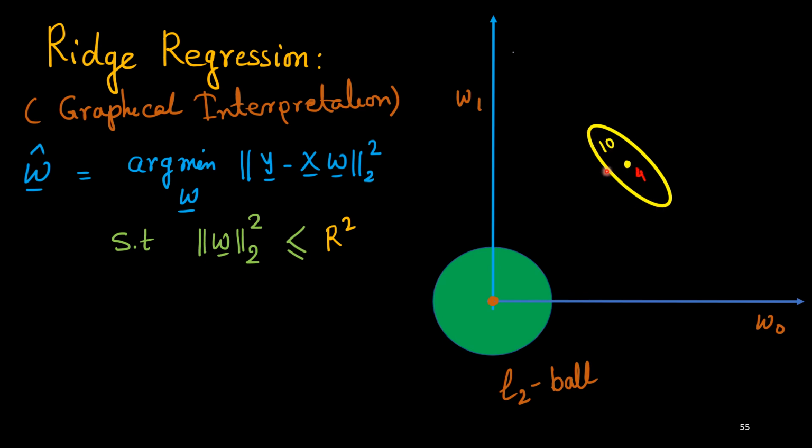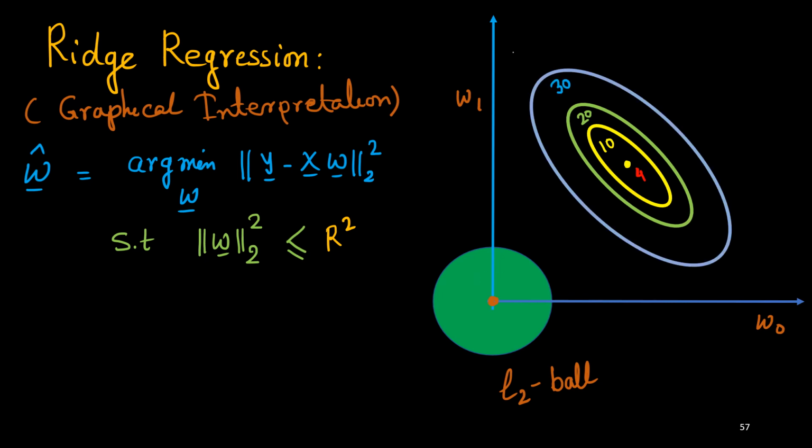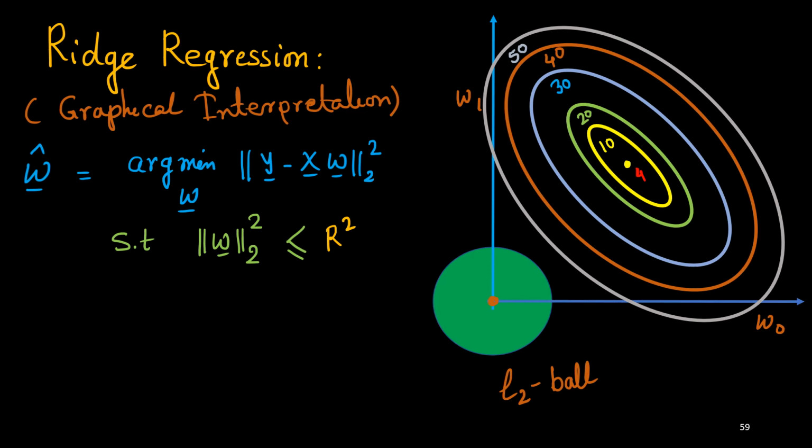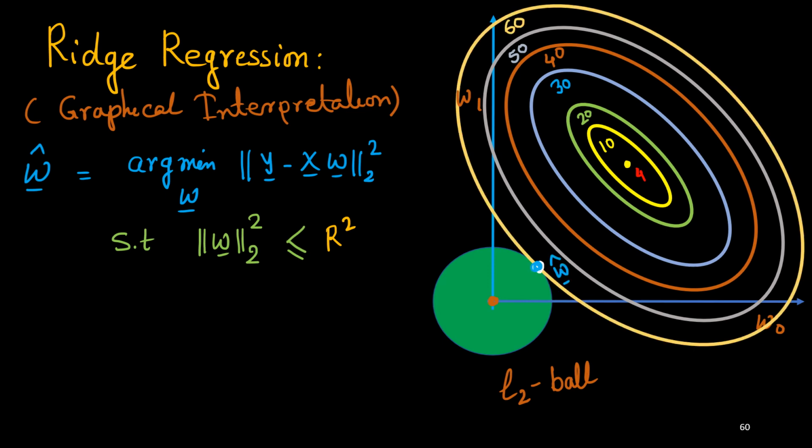Yet you see all the points are outside this circle, so it's again not acceptable. We should go for a higher error. The next one is 20. Even that is away from this circle, so we need to go more. Increase the errors to 30, 40, 50, yet it is not coming to this point.